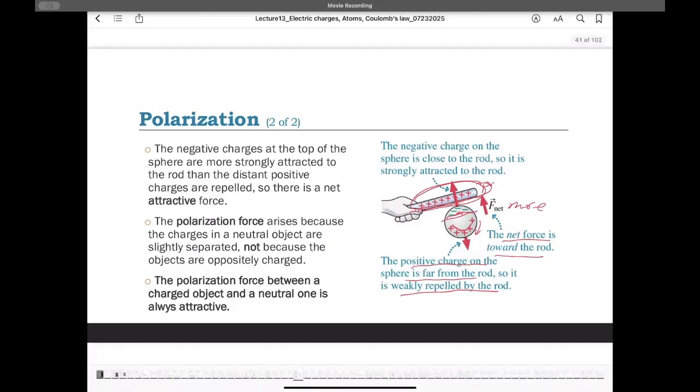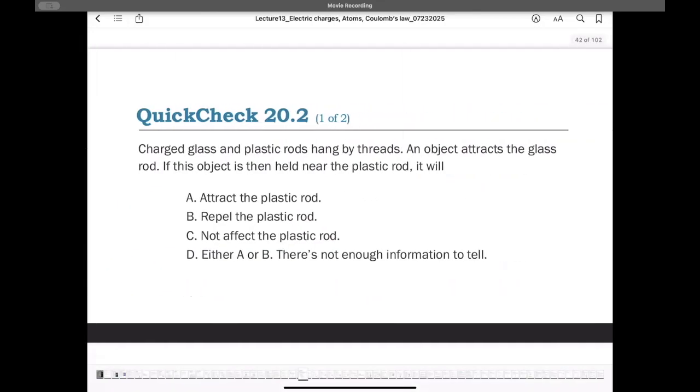Okay, let's continue with some quick check questions. Charged glass and plastic rods are hung by threads. An object attracts the glass rod. If this object is then held near the plastic rod, it will: attract the plastic rod, repel the plastic rod, not affect the plastic rod, either A or B, or there is not enough information to tell.